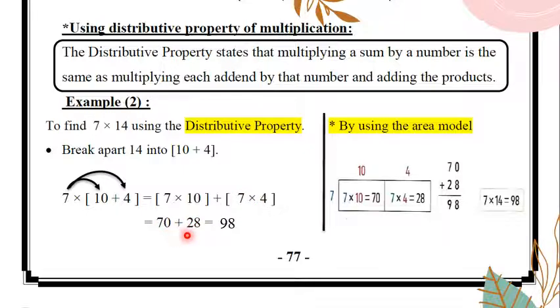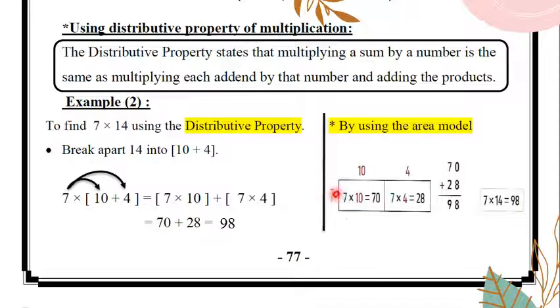70 plus 28 equal 98. Here, let's solve the same example by using the area model. Here, I'm going to write 7 and up, I break the number 14 into 10 and 4. 7 times 10 equals 70.